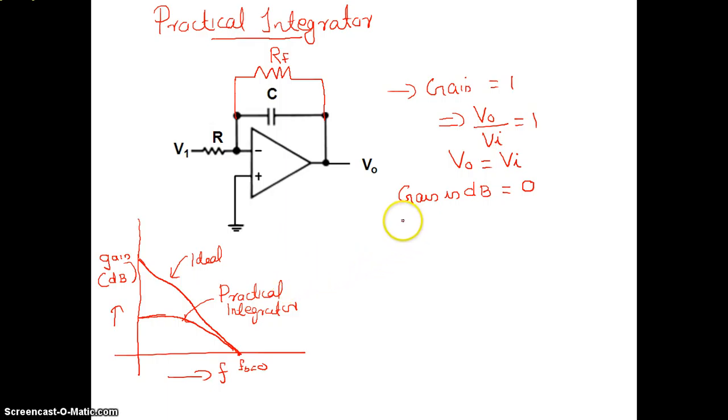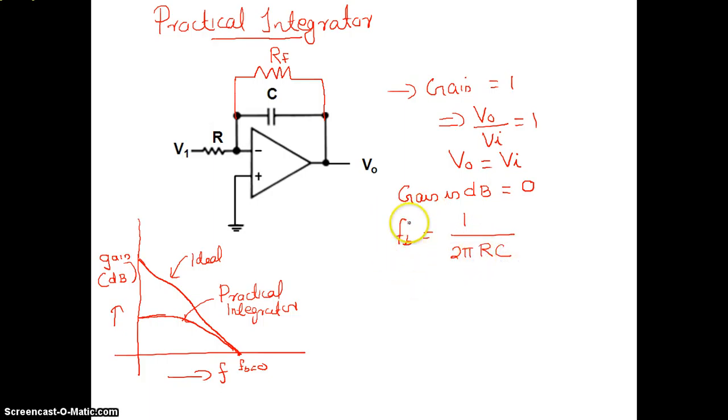In that particular case, I can define the frequency fb, as per the equation when you derive it, as 1 divided by 2 pi RC.